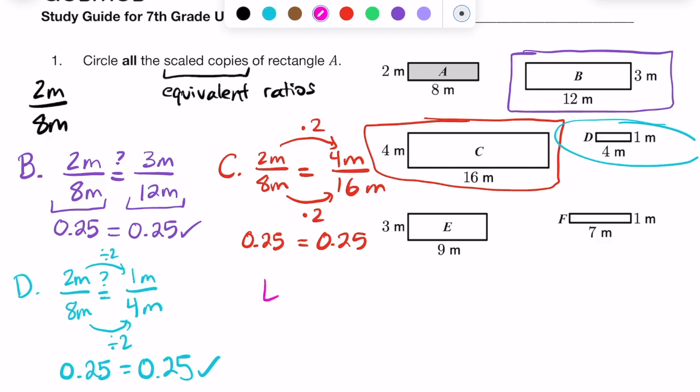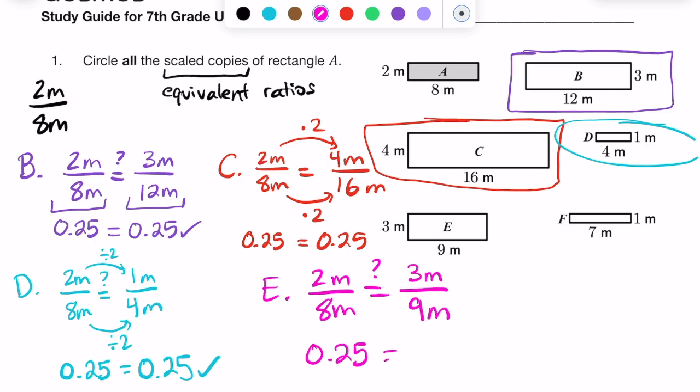Then we can move on to E. 2 meters to 8 meters, is that equivalent to 3 meters divided by 9 meters? Note in all of these, I'm doing the heights in the numerator and the widths in the denominator. 3/9 is going to be 1/3, or 0.3 repeating. 2 divided by 8 is 0.25.